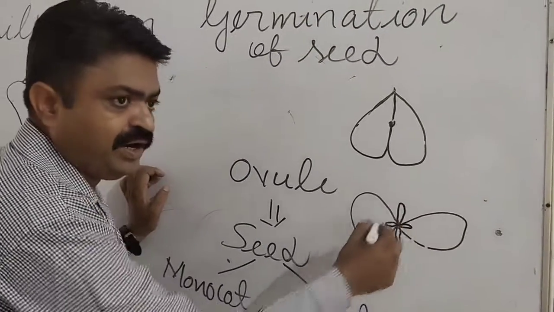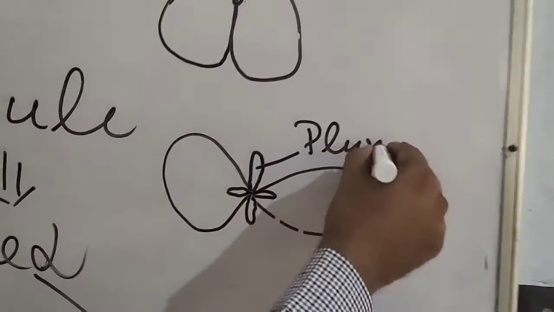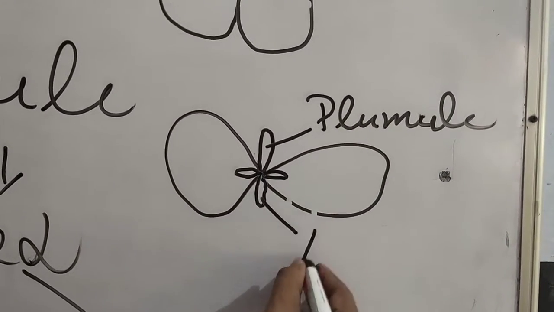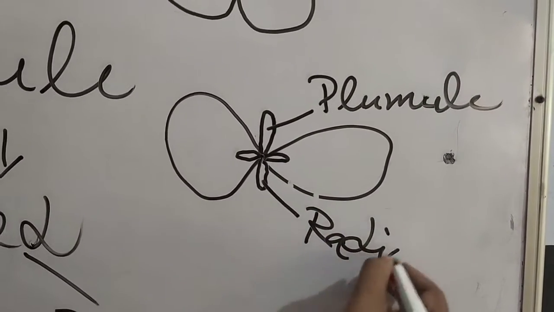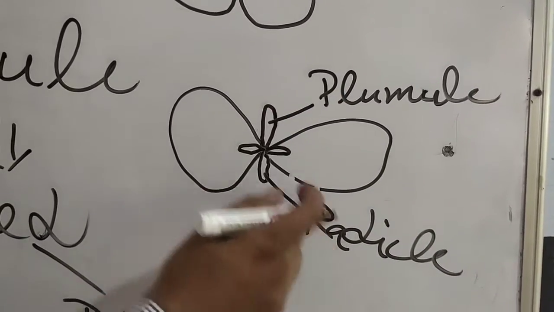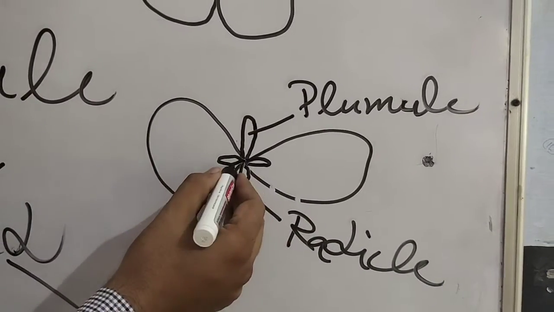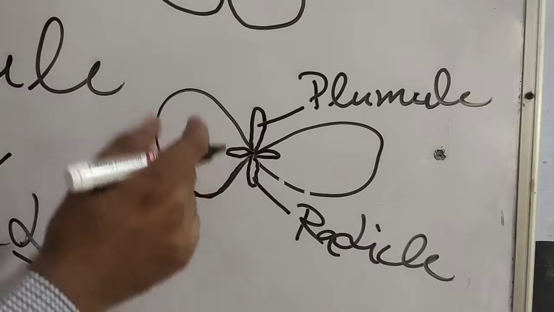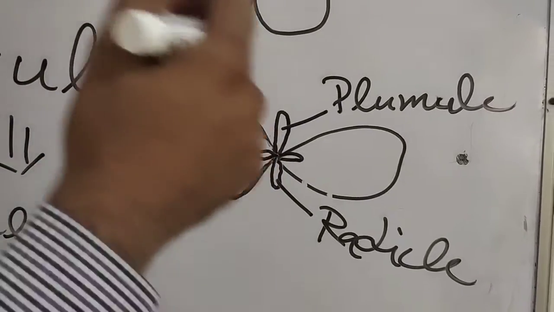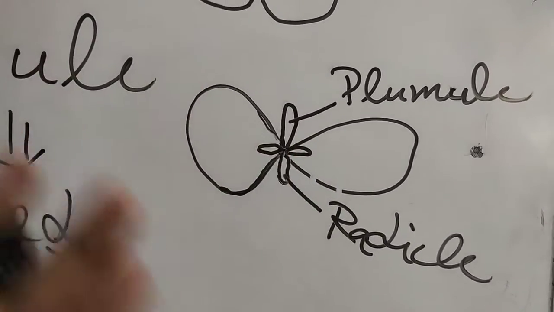The upper part is known as the plumule, and the lower part is known as the radicle. Plumule and radicle are parts of the embryo, and they develop after getting all the suitable conditions like air, water and warmth.